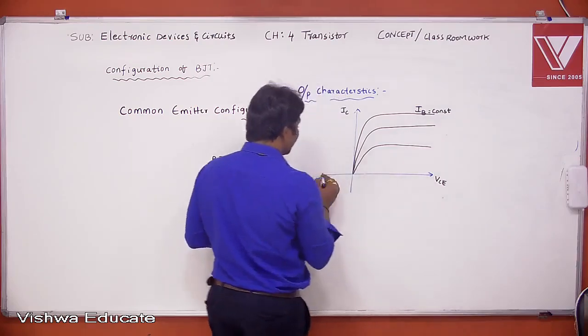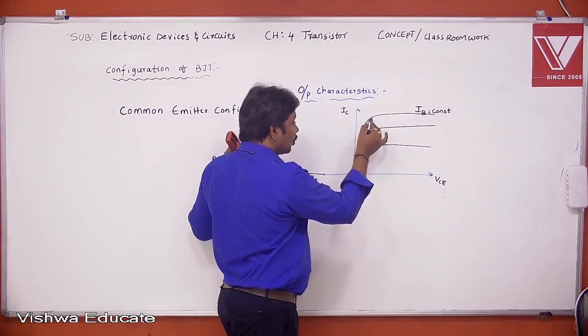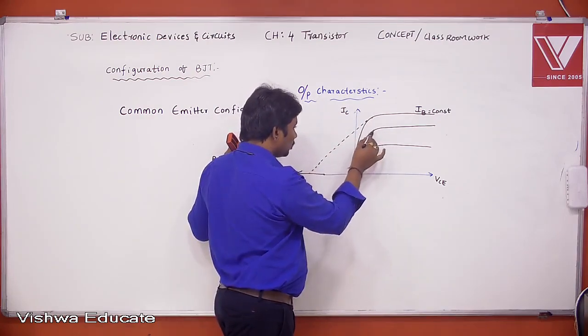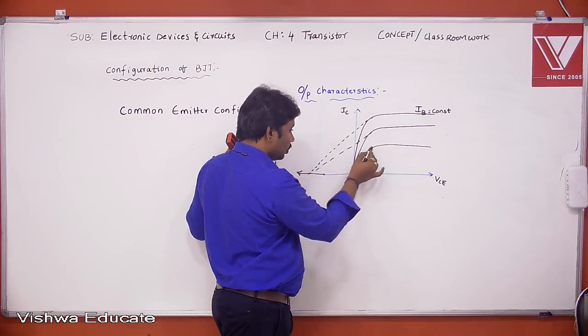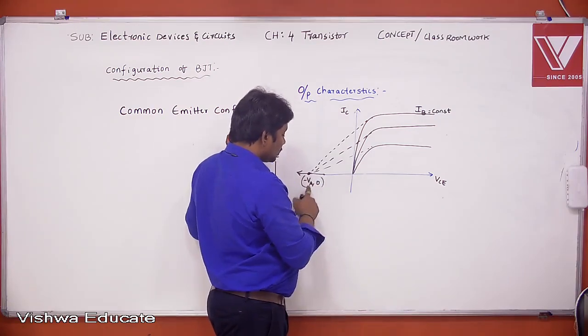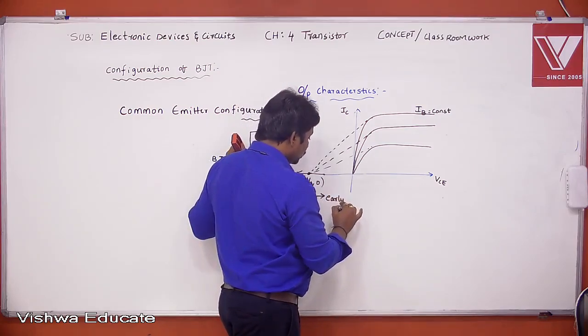But the difference is, in case of common emitter, these output characteristics are extended towards backward due to early effect up to a point of minus VA comma 0, where VA is the early voltage.